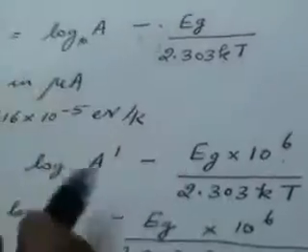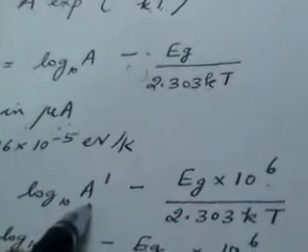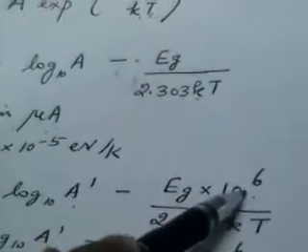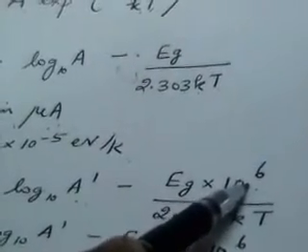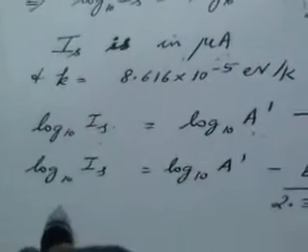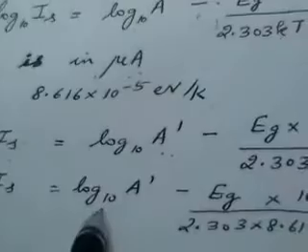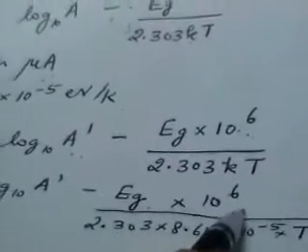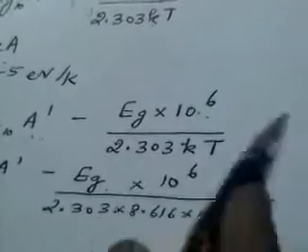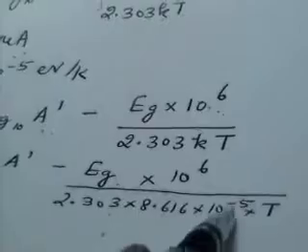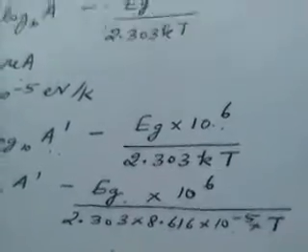That is why instead of A we have put A prime here, and in this side the 10 power minus 6 in the denominator becomes 10 power 6. This implies that log Is to the base 10 is going to be log A prime to the base 10 minus Eg into 10 power 6 by 2.303 into 8.616 into 10 power minus 5 into T.